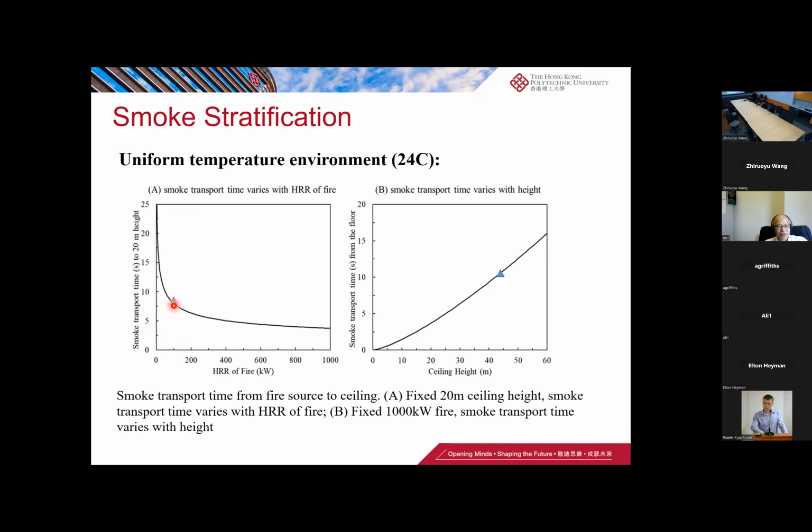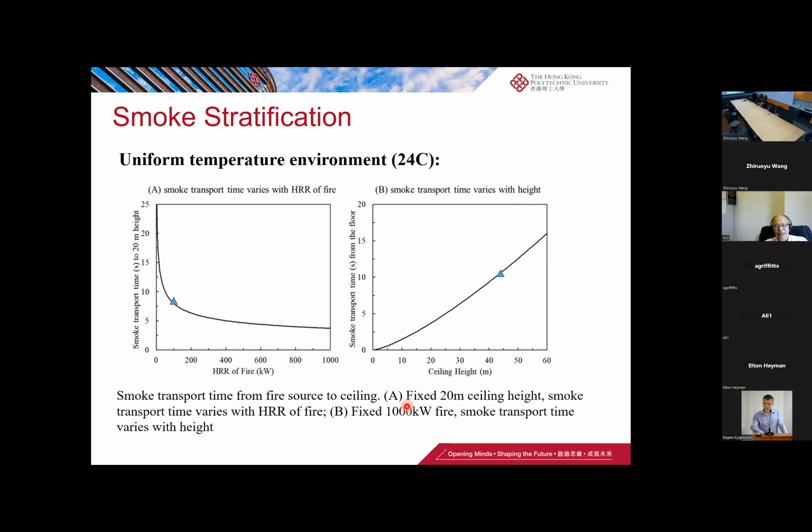Take this as an example. This point is 100 kilowatts, 0.1 megawatts. It is a very small fire. The smoke can rise to 20 meters in about 8 seconds. So this is very quick. Even with a very small fire in the uniform temperature environment, smoke can rise up to 20 meters very easily.